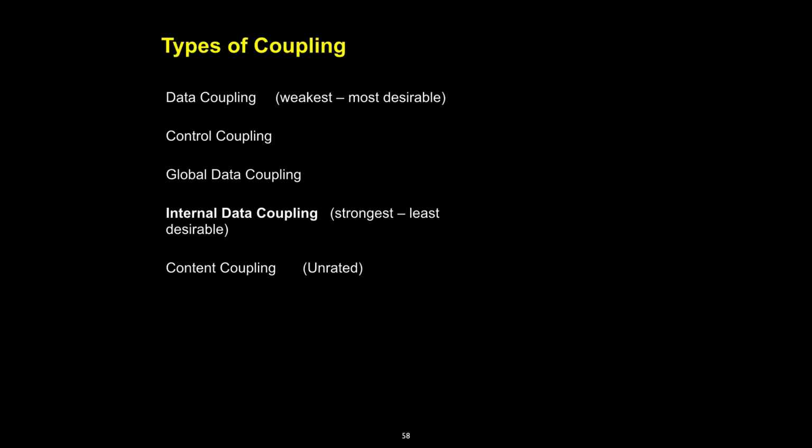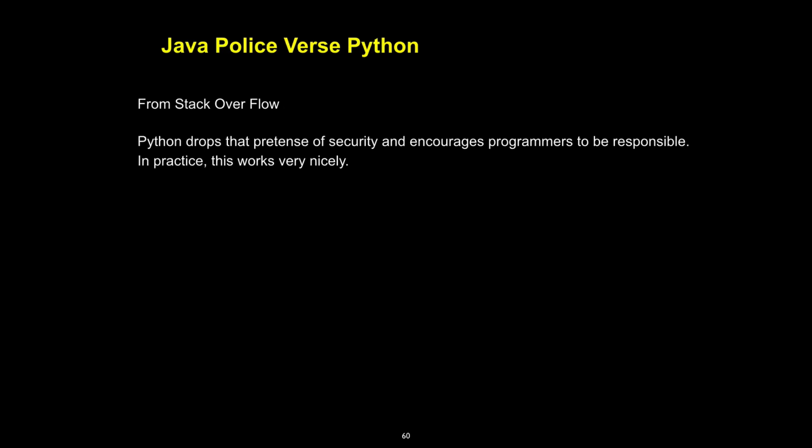Now again, he says this is the strongest, least desirable. Oh yeah, and the Python people are like, well, what's the problem? Does it really matter that you can access those fields? Just make sure you hire good programmers.